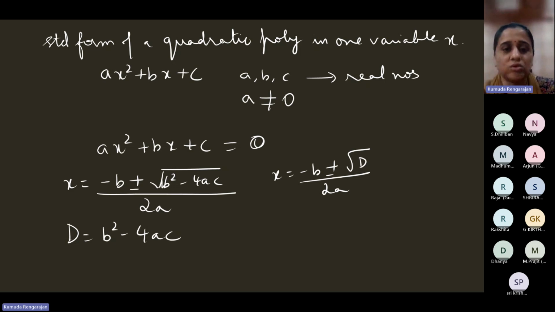When we say it has roots, that means real roots. We are talking only about real values. So it has no real roots, or one root, meaning two equal roots, or two roots, meaning two distinct roots.